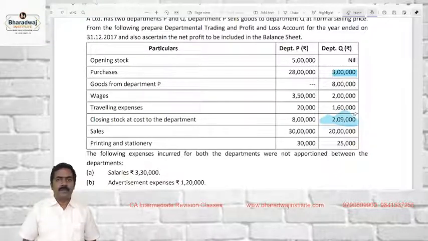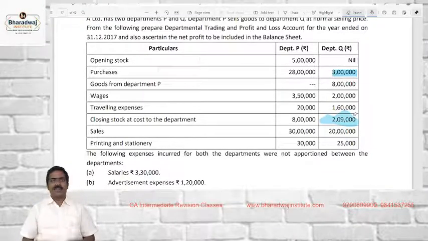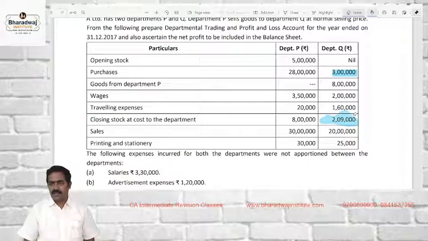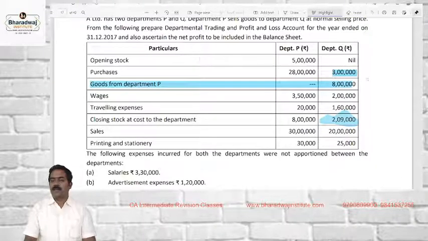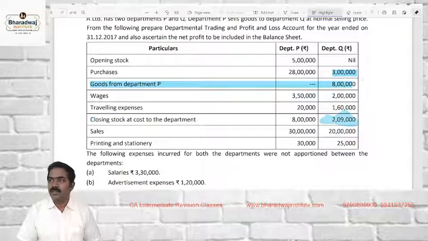Can I put it into 25%? No. This entire stock is not transferred from me, because you made your own independent purchases of 3 lakhs. Whatever goods are transferred from me will carry the profit. Think and try.